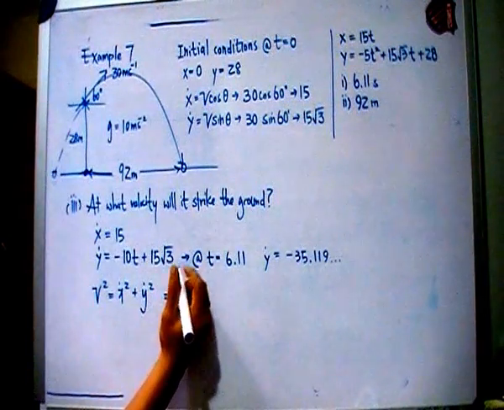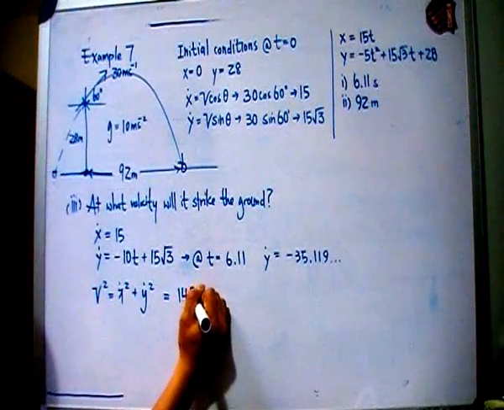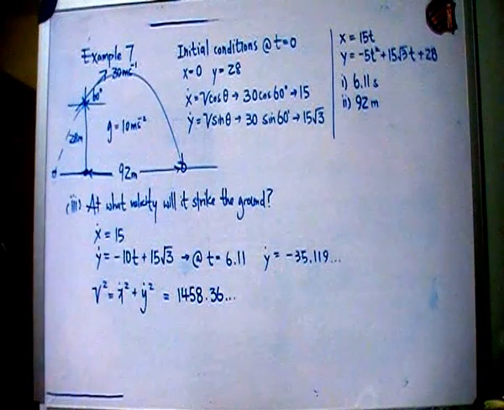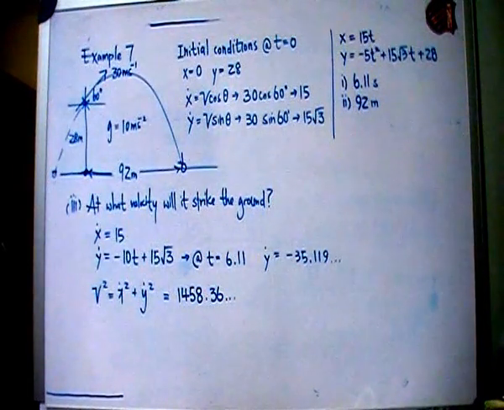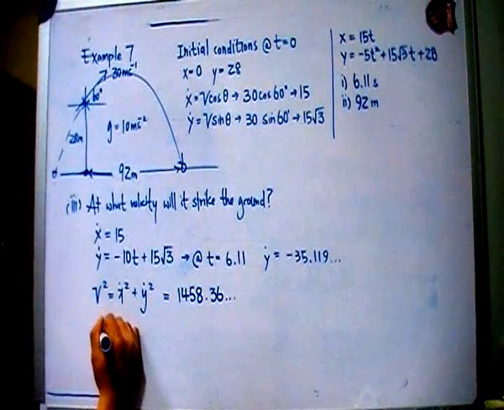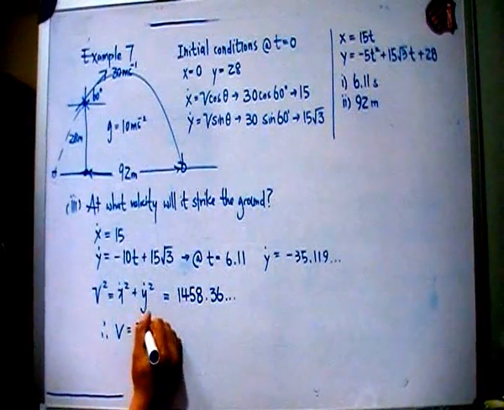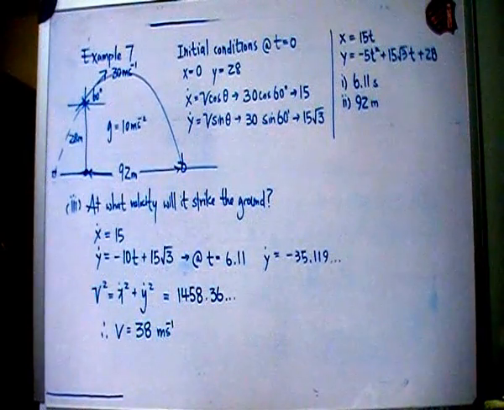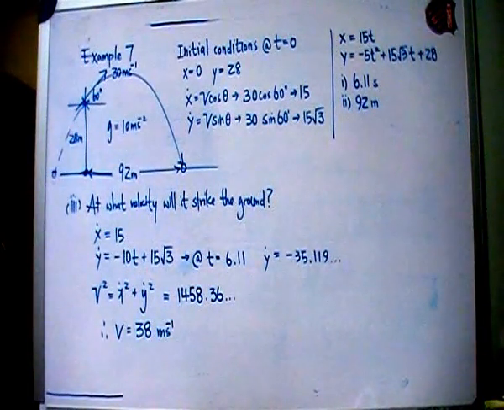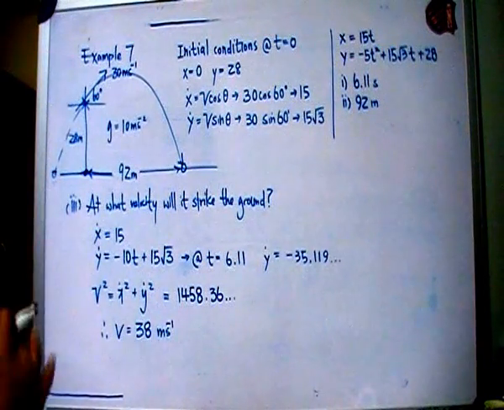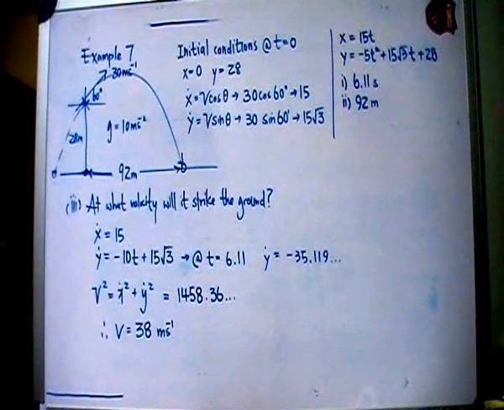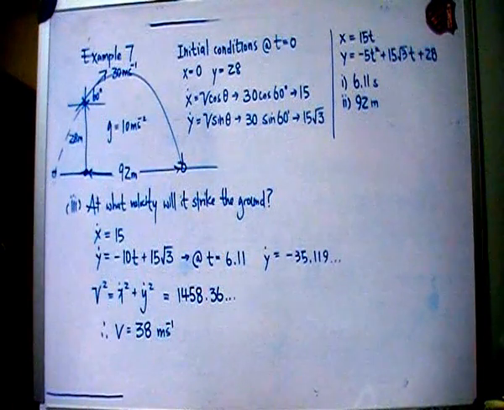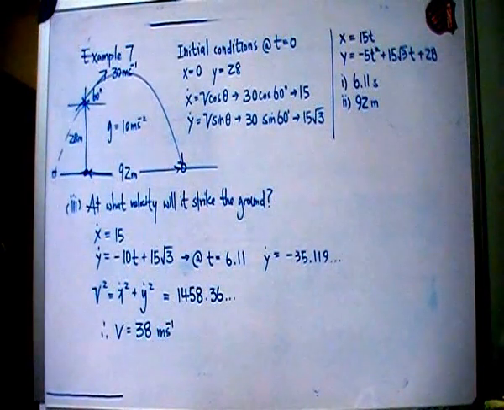That equals around 1458.36. And then square root that. Therefore you get some v, and I'm just going to go to no decimal places, nearest whole number. So that's how you find the velocity. You need the x velocity and the y velocity, and you're using Pythagoras, as mentioned before, to figure out that the velocity it's coming down at is around 38 meters per second.